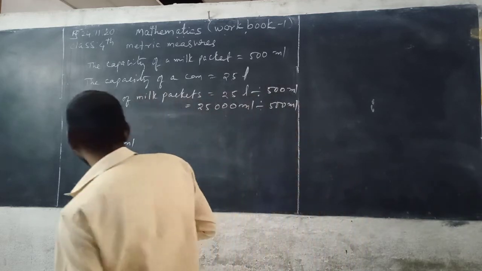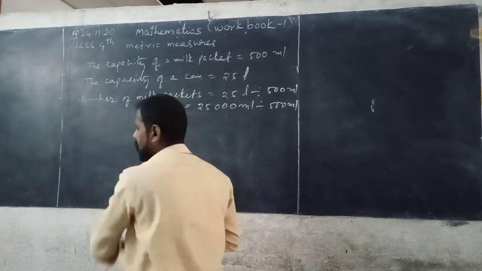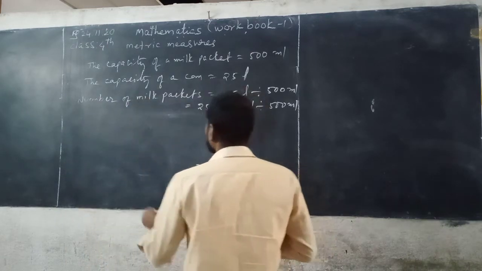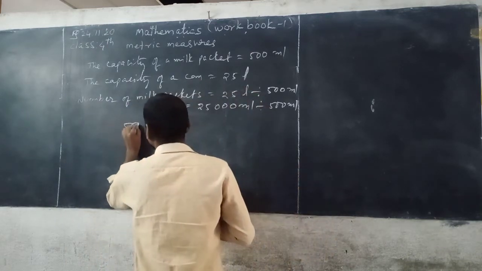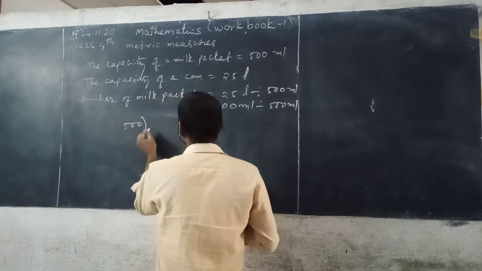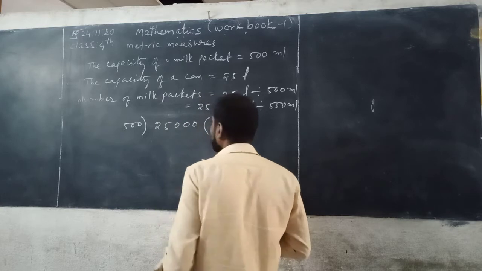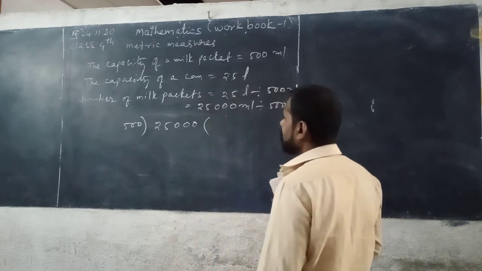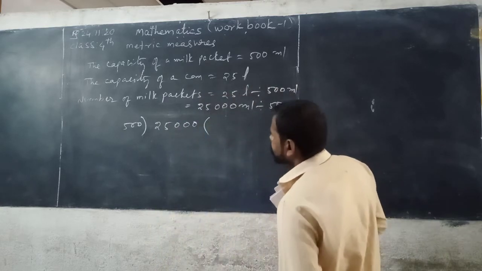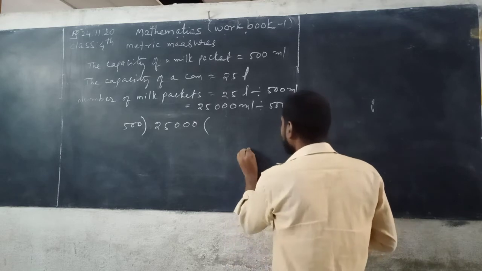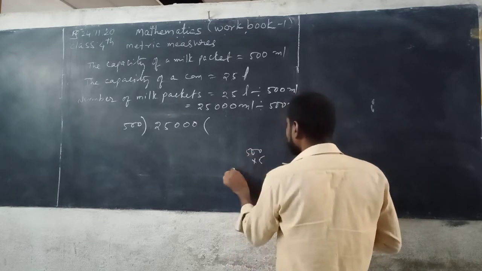Now see, listen carefully. 500 taken as divisor and 25,000 taken as dividend. Then see here. So 500 into 5, 500, 500, 5 5s are 25.